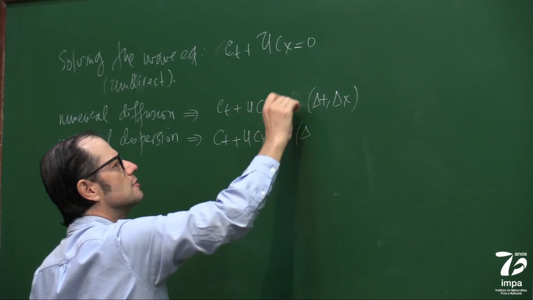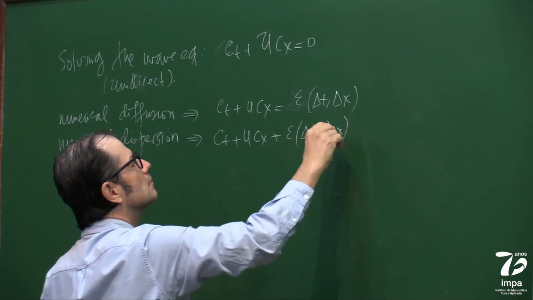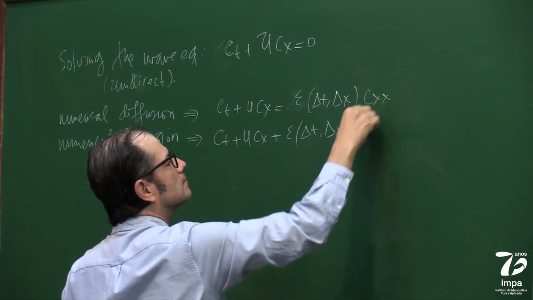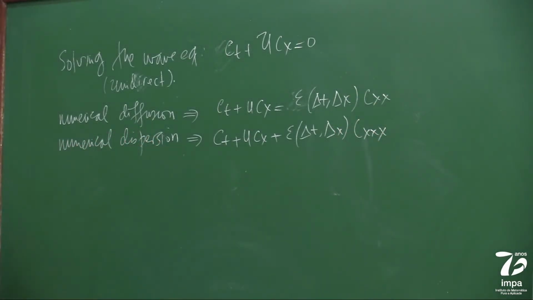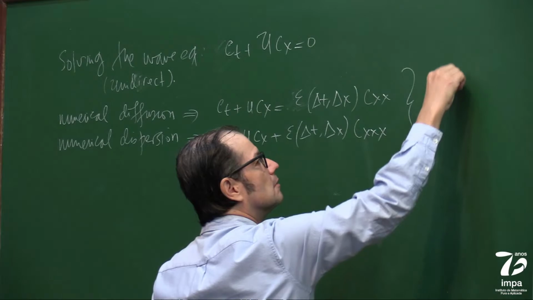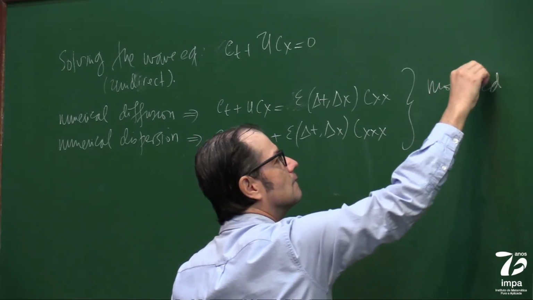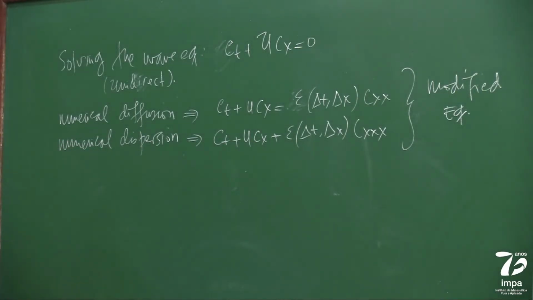I was using epsilon. Depending on the method, and this is something you're doing on the computer, so it's quite nice to see that we study this through the modified equation.